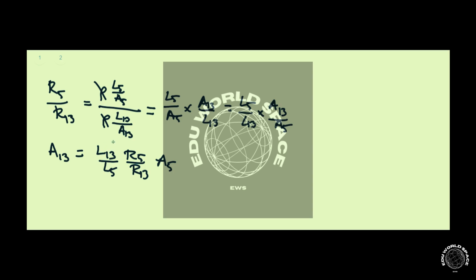These were given. L13 is literally 13 millimeters, and L5 is 5 millimeters. And we have from the table the corresponding resistance at these lengths.